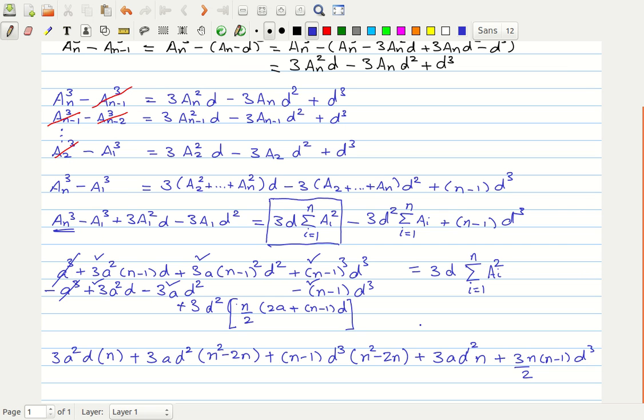Now again you have to remember that this expression is equal to 3 times this. So let us call this 3 times s, and this is what we have to find.